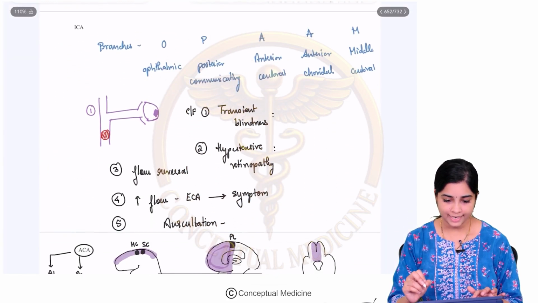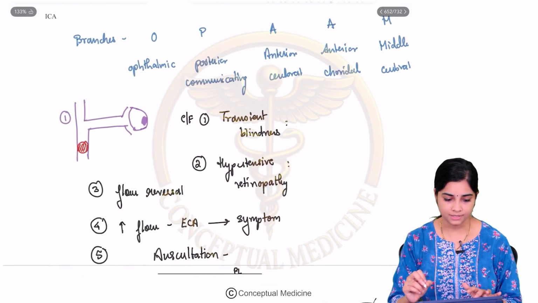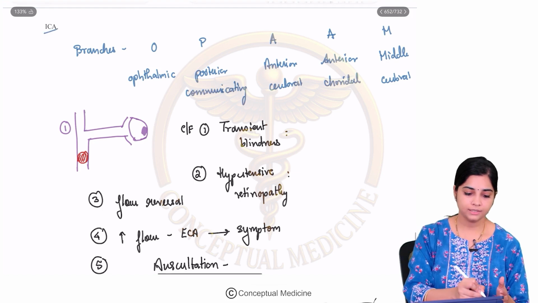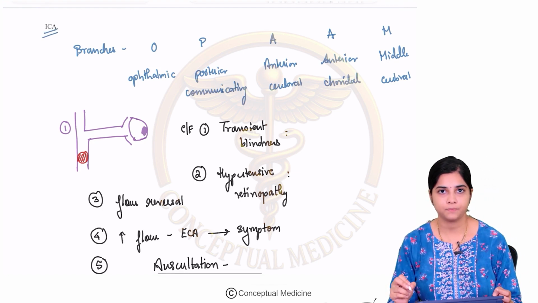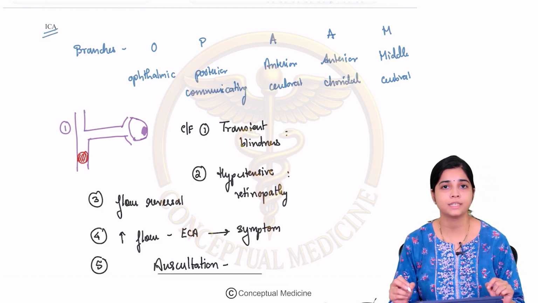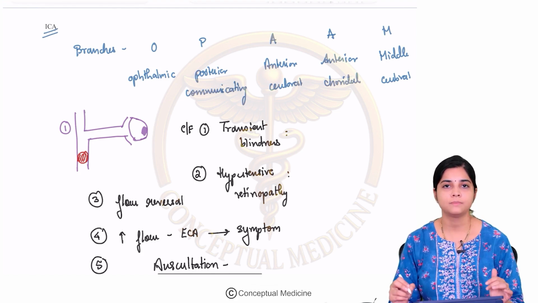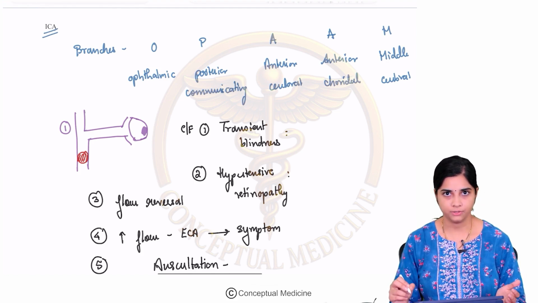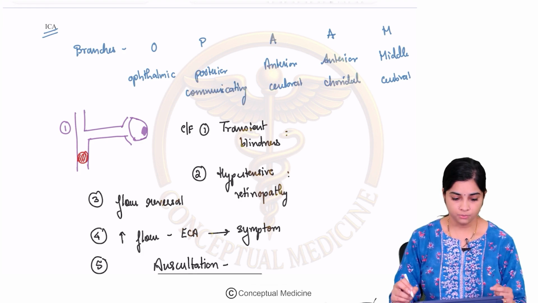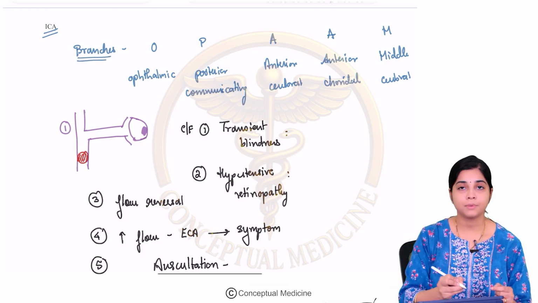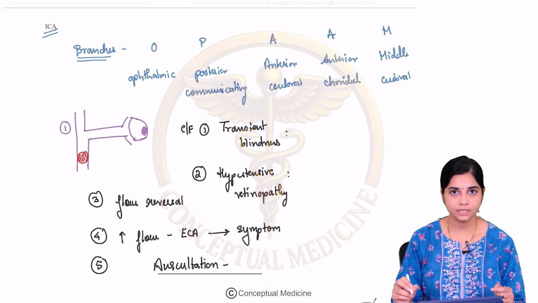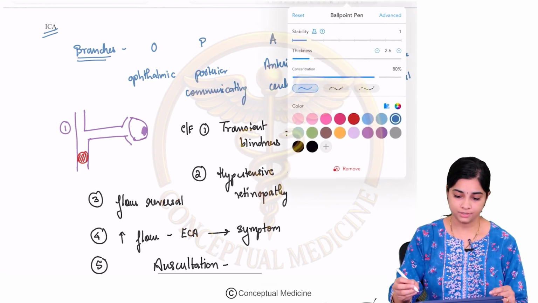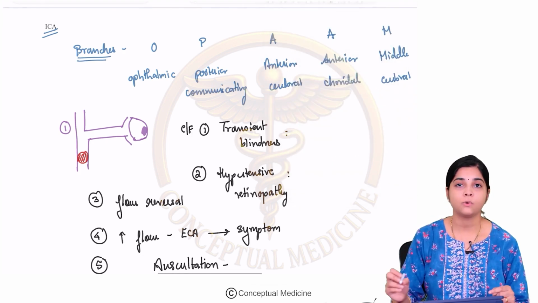Now let us look at your internal carotid artery syndromes. If there is an occlusion of the internal carotid artery, what are the symptoms and signs with which they are going to present? So first let us understand the branches of the internal carotid artery. They are given by the mnemonic OPAM.